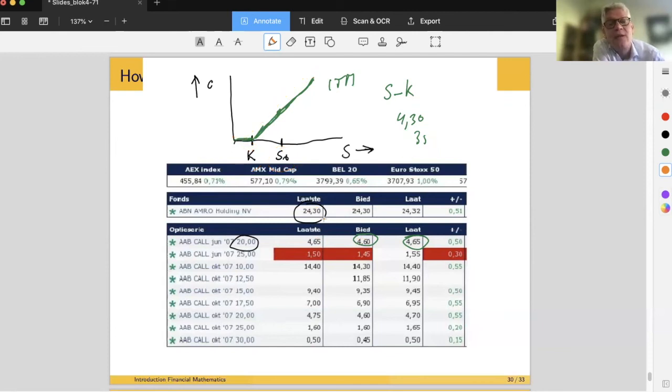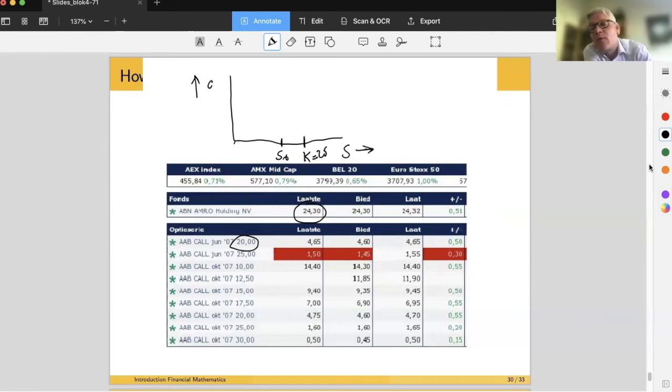The second one is a little different. Of course, it has a different strike price. So we will look at a different strike price, and the strike price would be 25. So here K is 25. Then our payoff for a call would look like this. So this is not yet in the money. Then you could imagine that the value of the option would look something like this.